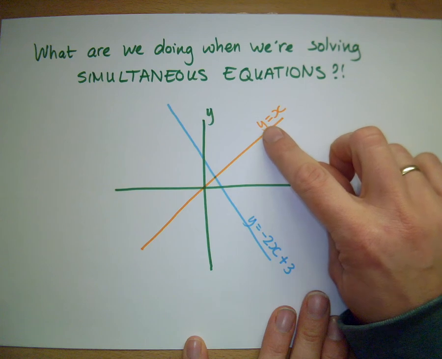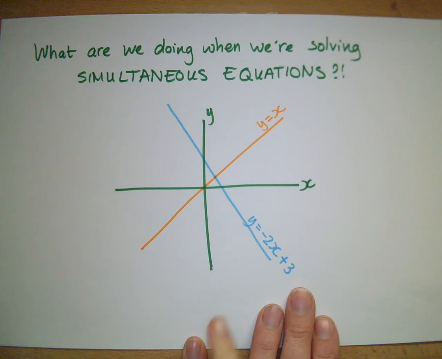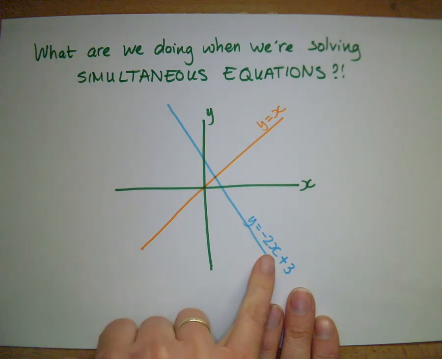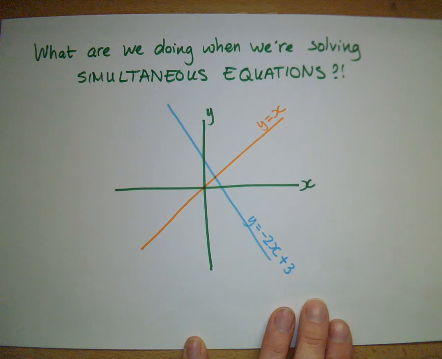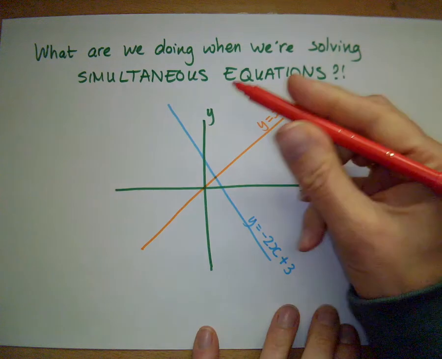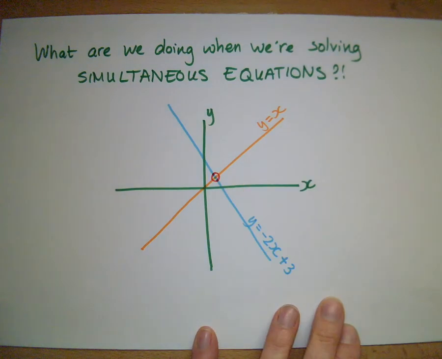Say we have the equation y equals x. That's this line if you plot it. And we have an equation y equals negative 2x plus 3. If you were to plot that, it would look a little bit like that. What we're looking for when solving simultaneous equations is that one point where these lines meet.